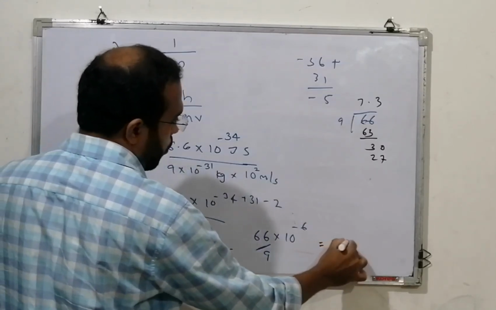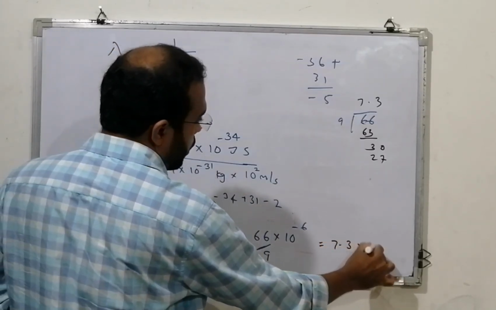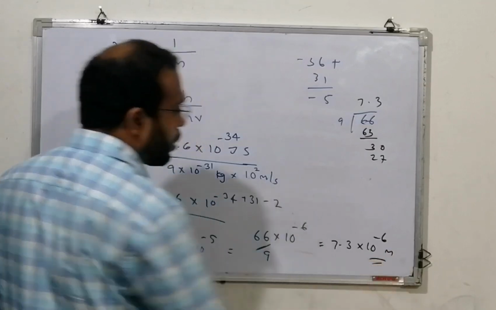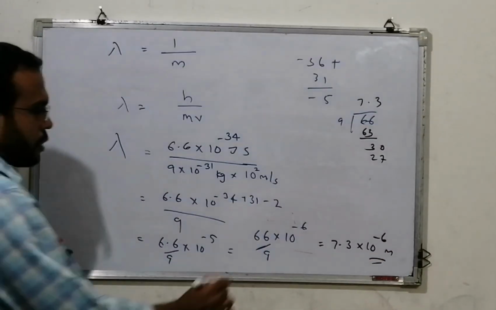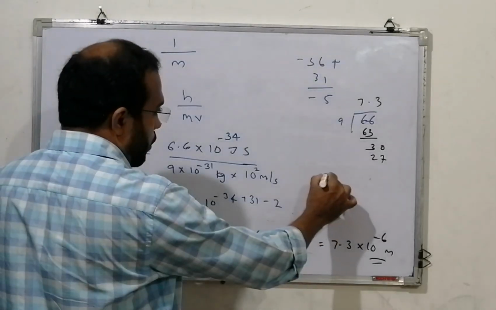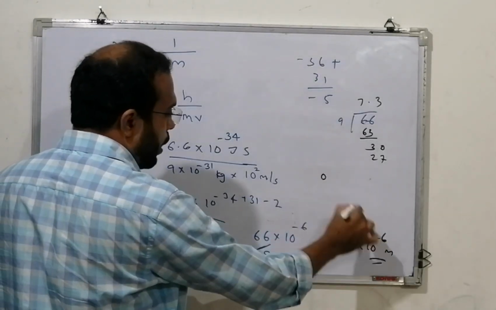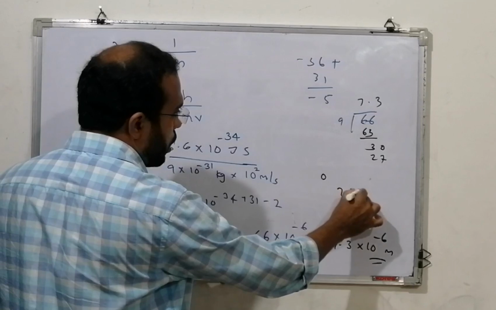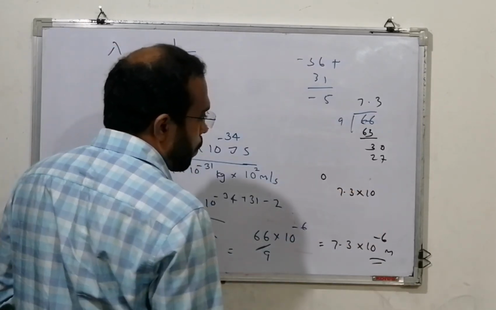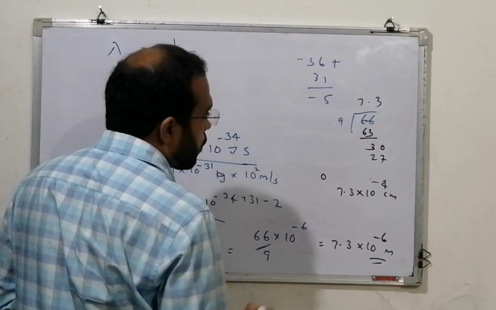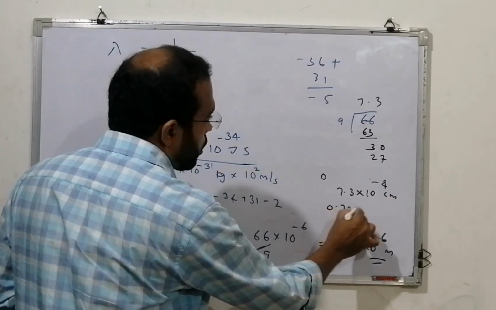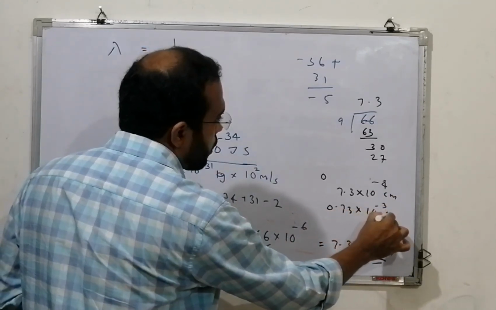Therefore, 7.3 into 10 raised to minus 6 meter wavelength. Okay, that is the answer. If you make it centimeter, 7.3 into 10 raised to minus 4 centimeter, or 0.73 into 10 raised to minus 3 centimeter.